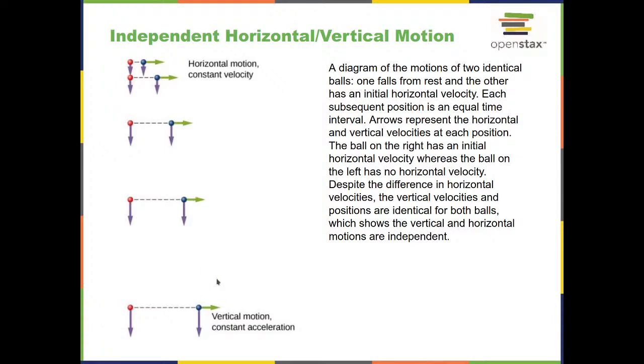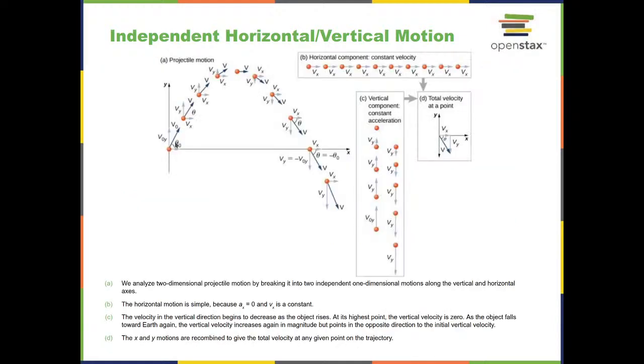Why does it move with that same constant velocity? Because there's no acceleration. There's nothing that provides acceleration to this ball in the horizontal direction. The only acceleration is in the vertical direction, and that's the acceleration due to free fall, the minus 9.8 meters per second squared. So that indicates already that we can treat this horizontal motion independently from the vertical motion. And we'll be able to use that to great effect.